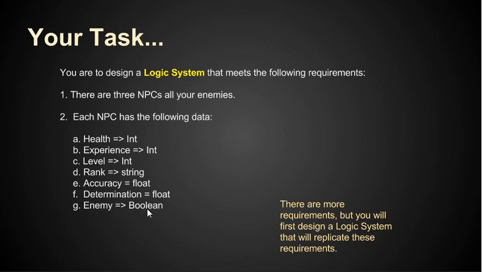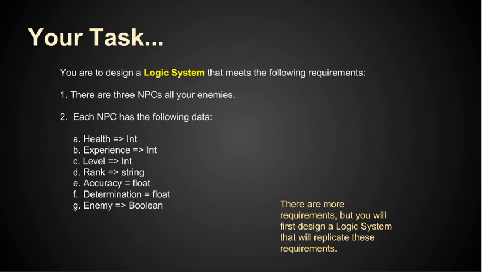In other words, they're either an enemy, true, or they're not an enemy, and that'll be false. There are more requirements for this game, but you will first design a logic system that will replicate these requirements that you see here.